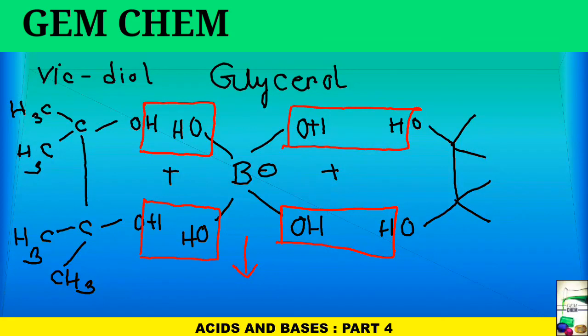Thus, we will see an increase in the acid strength of boric acid. Previously, we saw that in the crystalline phase and in the aqueous phase there was very weak acidity. But when we add glycerol, there is enhancement of acidity, as a result of which proton concentration increases and we get a good amount of acidity in boric acid.